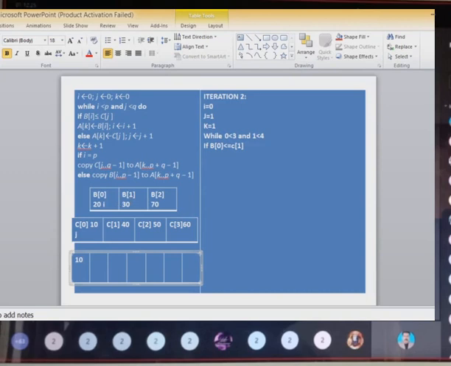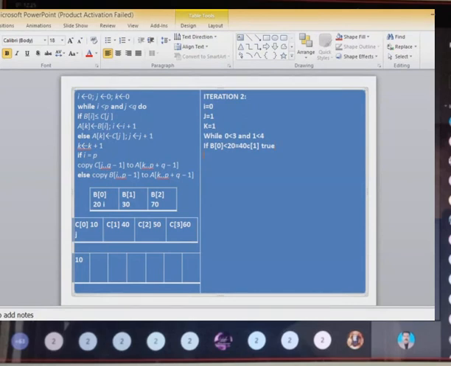Now B of 0 is 20. B of 0 is 20, C of 1 is 40. Now the condition is satisfied. Condition true.